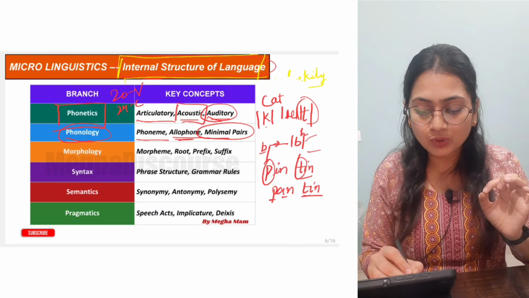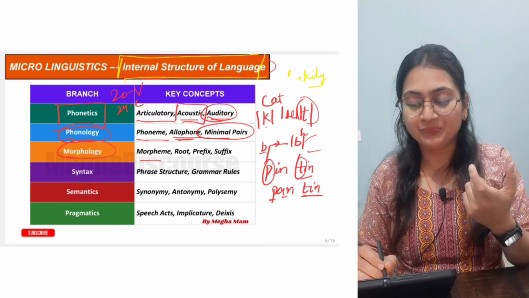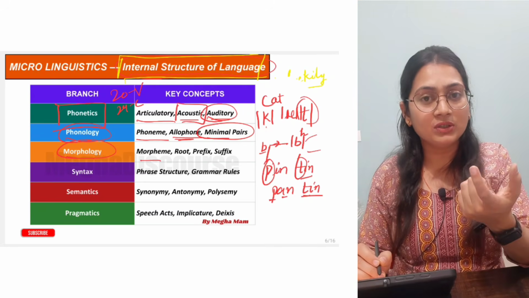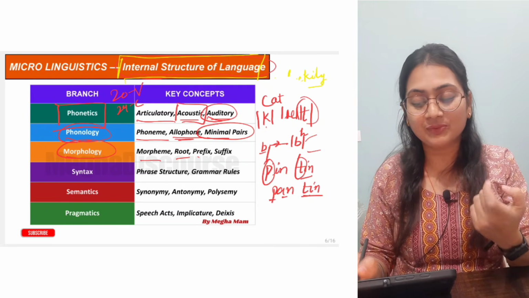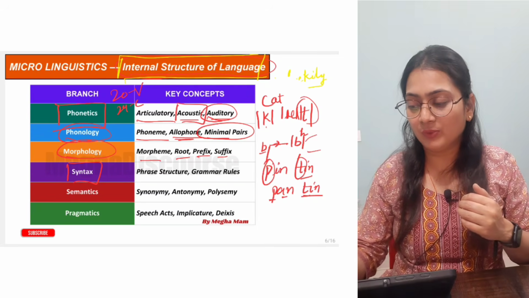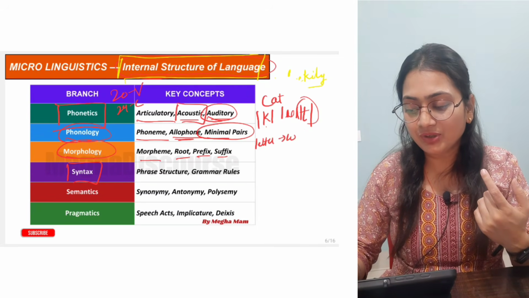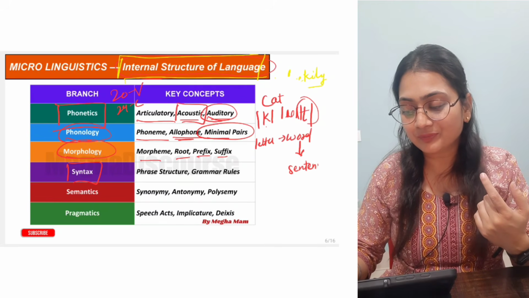Then what is morphology? Morphology is the study of root words, the study of words, the formation of words. That is morpheme, the smallest unit helping in making a word. What is root? What is prefix? What is suffix? That is morphology. Syntax is how the structure forms. For example, from a letter we make a word. From a word, we make a sentence.